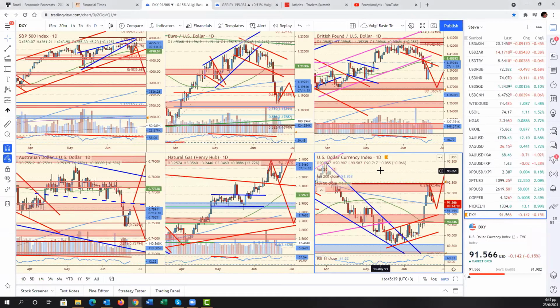To be honest, the services PMI is really weak. Yeah, it was a big miss. Much weaker. So the dollar's taking it on the chin as a result, and stocks are stronger because they just imagine the Fed's going to continue along with their rhetoric.